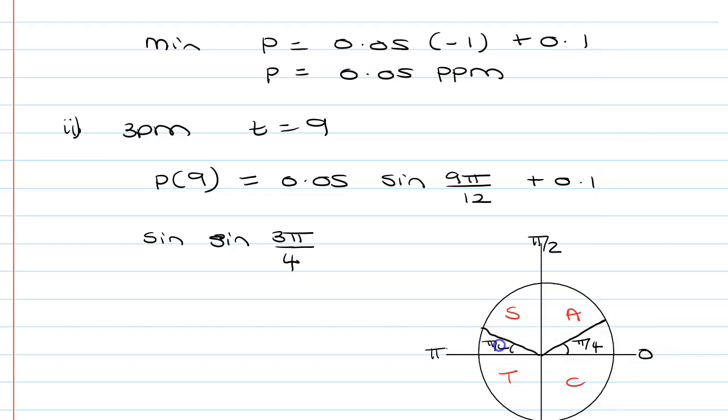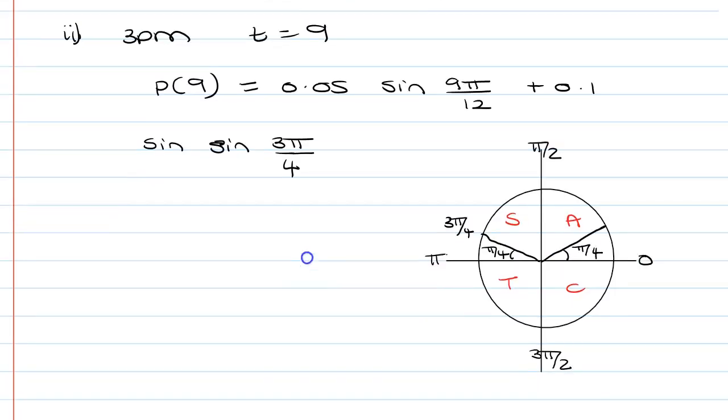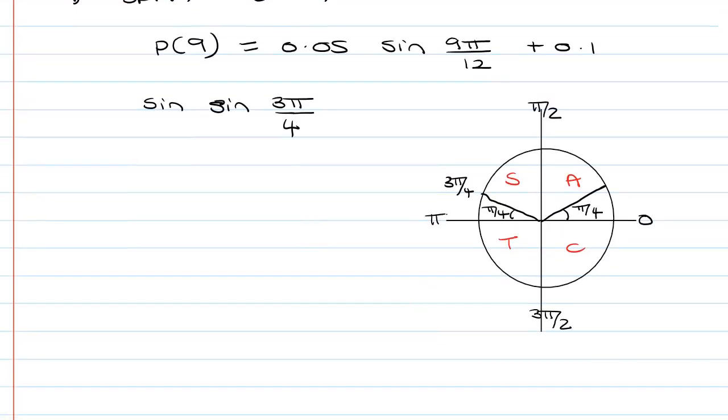Pi upon 4 you need to recognize is an exact value. It's actually 45 degrees in an isosceles triangle. You should always draw up your triangles and show that you understand where those numbers come from. So I'm using right angle tricks. If I was doing this in degrees, there's a 45 degree angle there, there's one up here too, but I don't need to write that down.